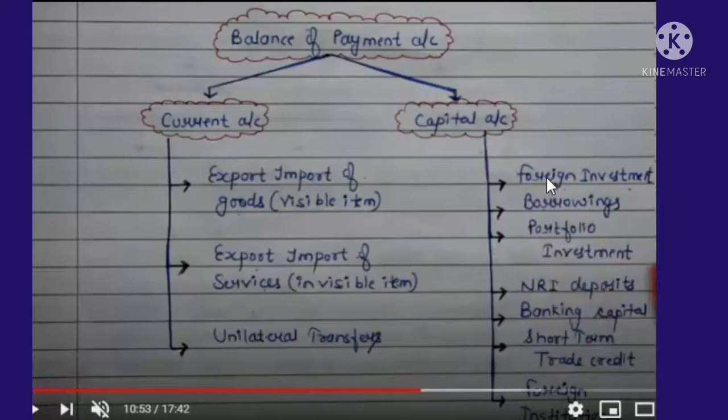Under this, there will be a reduction in the asset. Then there may be lendings also, lending as loans. These affect the assets and liabilities of government entities or the private sector, and also affect the assets of the government. So next is portfolio investment.